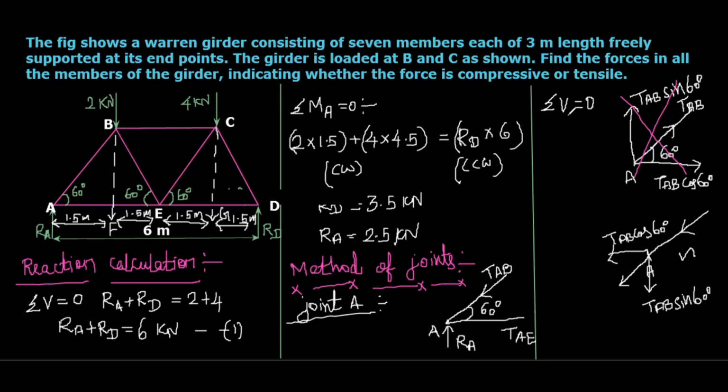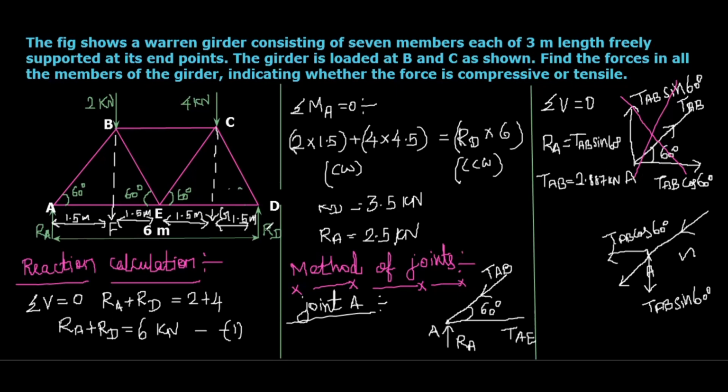So summation of vertical equal to zero means RA, the upward force, equals TAB sin 60 degree. We know the value of RA, and sin 60 we also know. So from this we can get the value of TAB, the tension in the member, that is 2.887 kilonewton.